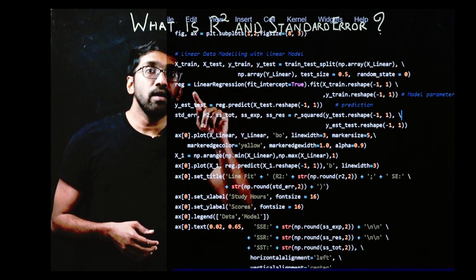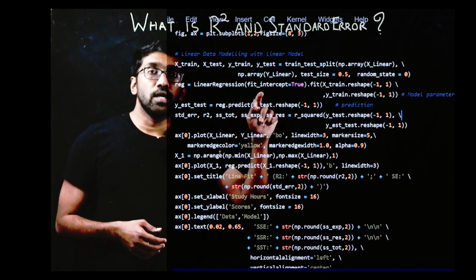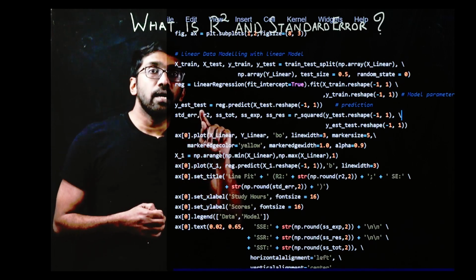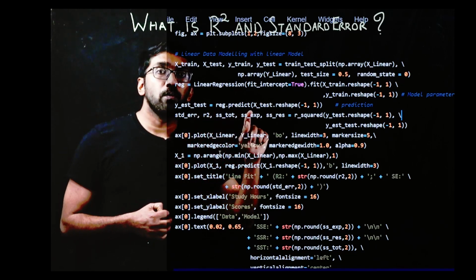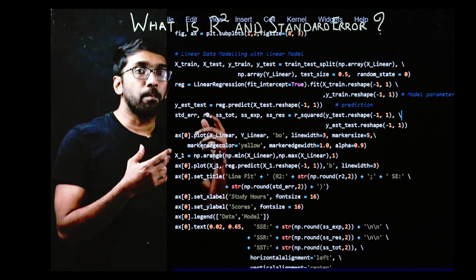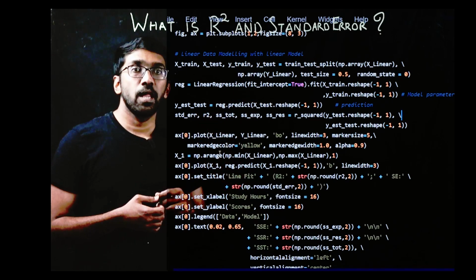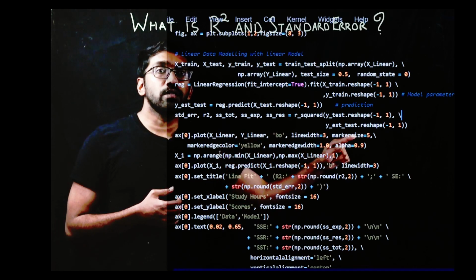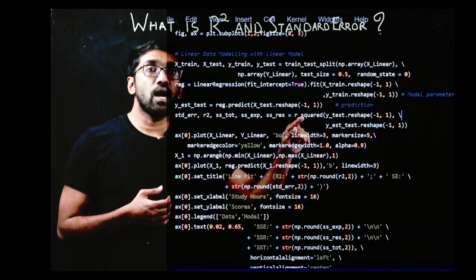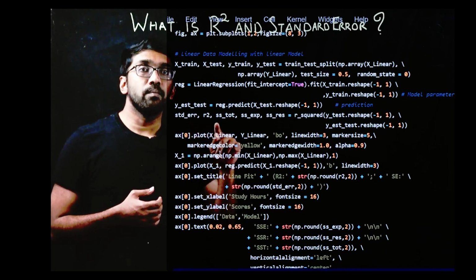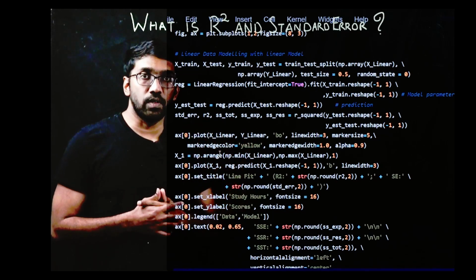So here I'm using the linear regression function to estimate the model parameters, and I'll use the predict function here to predict the values for my test set. And further, I will evaluate the accuracy using the function that I defined, R-square, and I'll obtain R-square and other parameters associated with it.